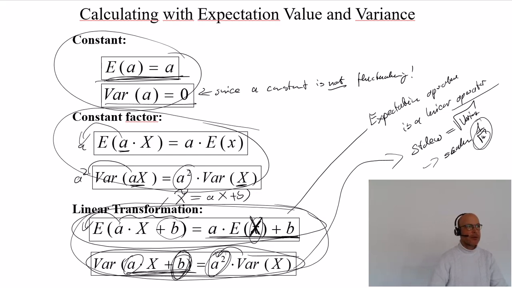To this we also come then today when we are talking about the normal distribution.